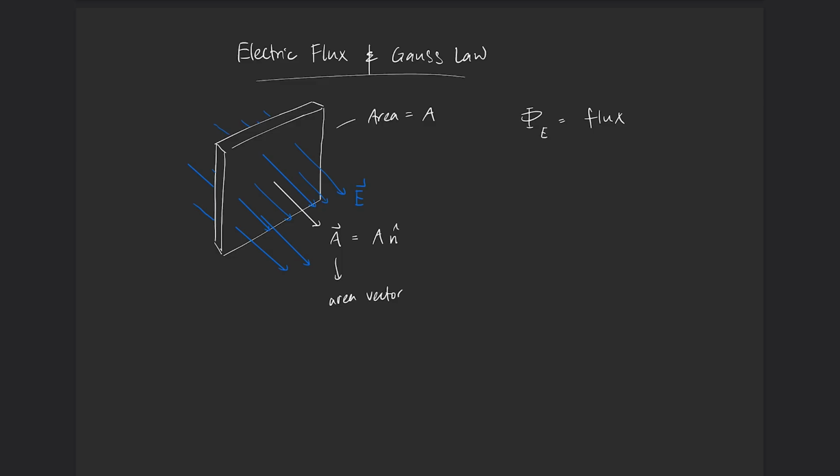So if the surface is placed in a uniform electric field that points in the same direction as the normal vector, so perpendicular to our surface A, the flux would therefore be E dot A, which is E dot the normal vector, then the magnitude of A, which is just EA.